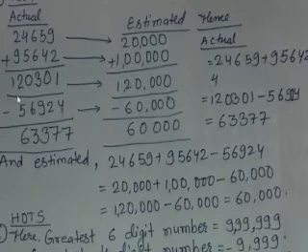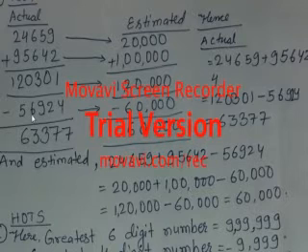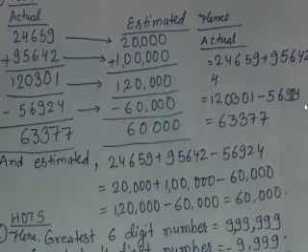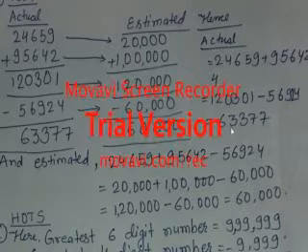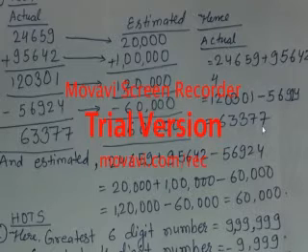So in the estimation of this 56,924, since the 1000 place is more than 5, 6 is over here, so 1 will be added and it will become 60,000. So from 1,20,000, 60,000 is subtracted, so it becomes 60,000. I hope all of you understand this. So the actual is 1,20,301, okay, minus 56,924, so it becomes 63,377.